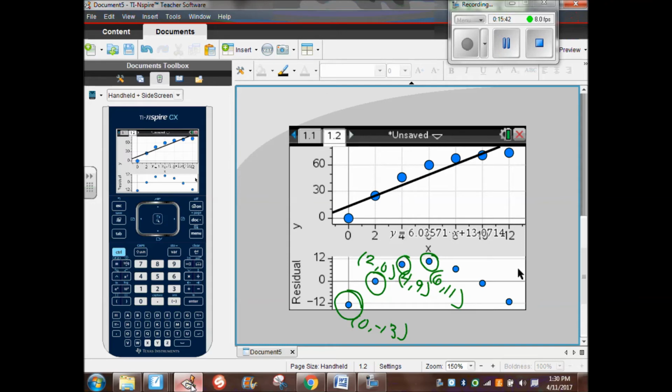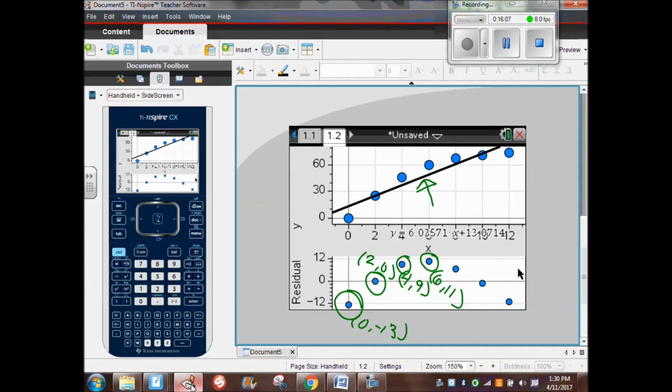That's not what we're getting at. This is the big understanding: if the residual plot has a general pattern to it, that means the model we picked back up here was not good.